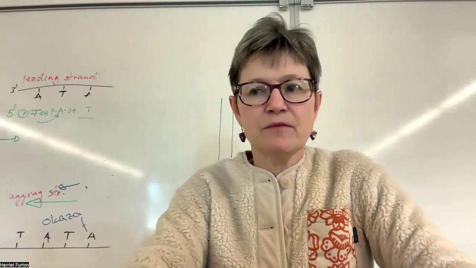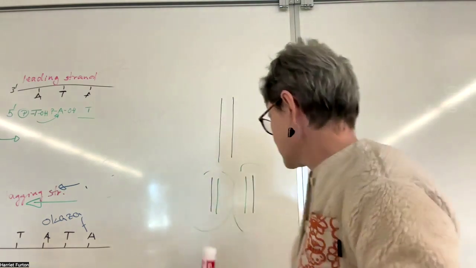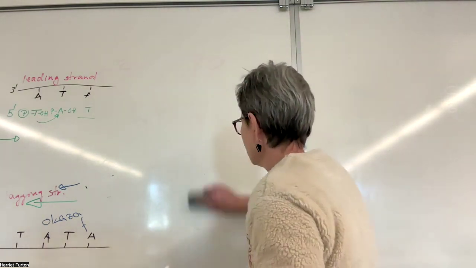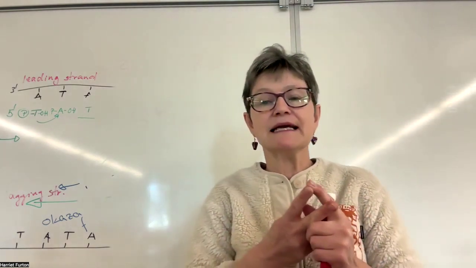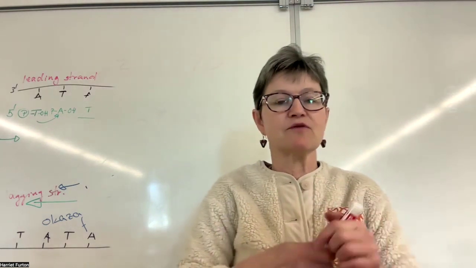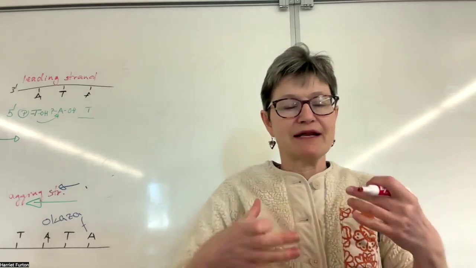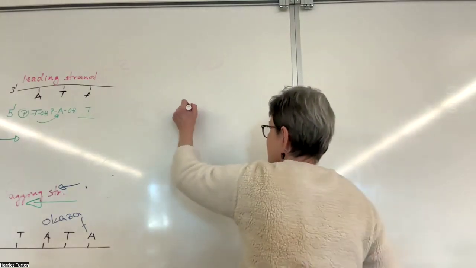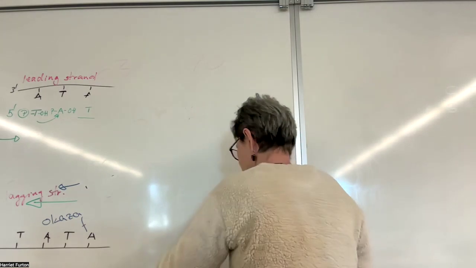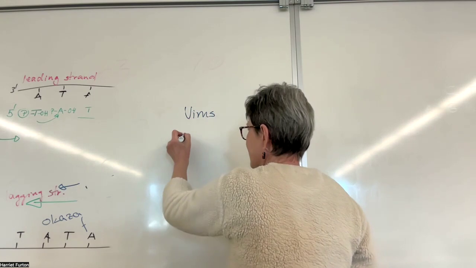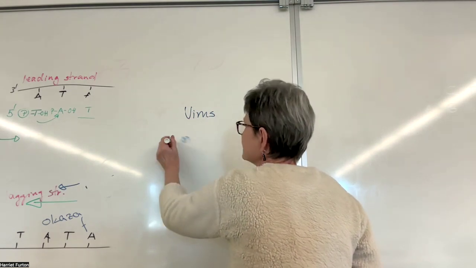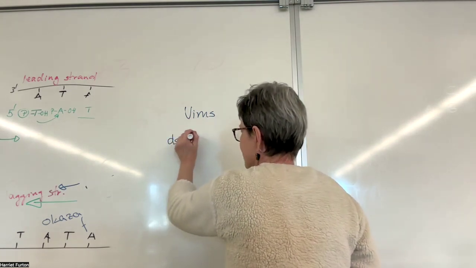And one more thing we have to talk about, the organisms. Eukaryotic, prokaryotic organisms, they contain DNA double helix for their hereditary material. For the viruses, it's a little bit different. They can be double-stranded DNA.